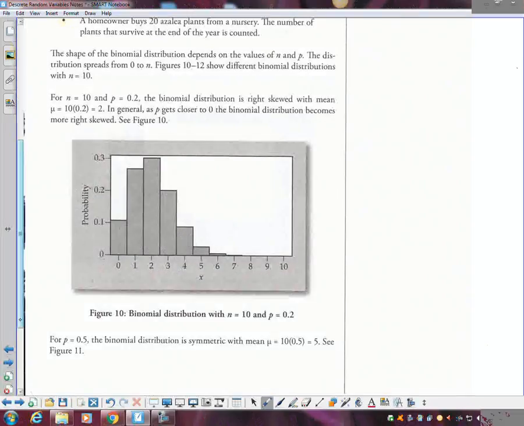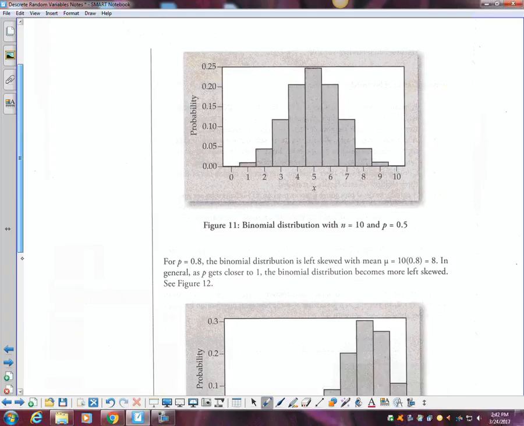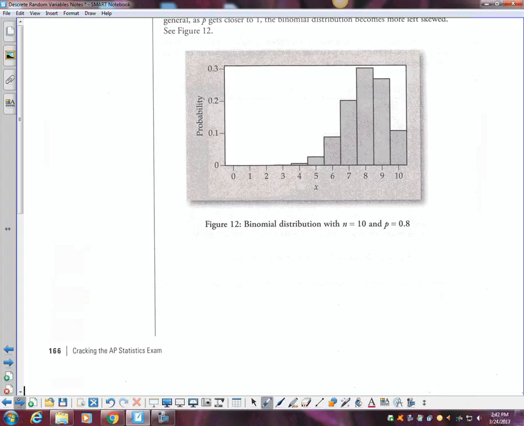The shape of a binomial distribution depends on the values of n and p. We did one with some candy out of a machine and the number of orange M&Ms or something, I think, and we messed with the numbers, and you saw how the distribution can change. And that's what this is going through. Pretty straightforward.